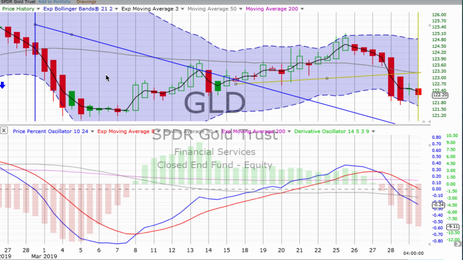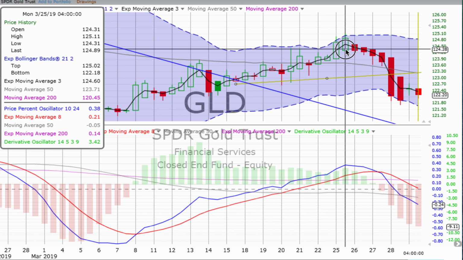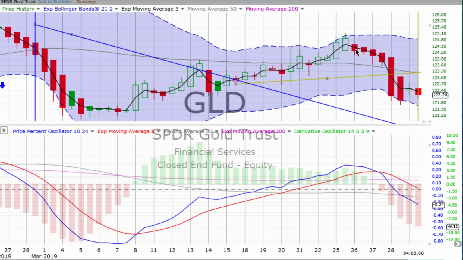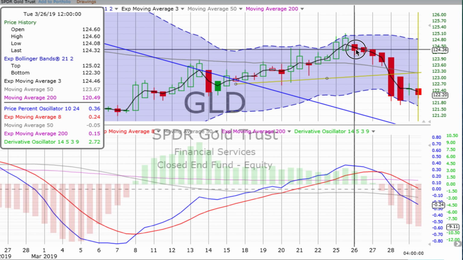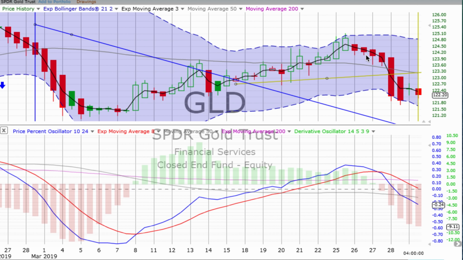We look at that 4-hour chart, and of course, what we see happening is the chart topped back on Monday the 25th, the latest topping, and then started moving down Tuesday morning. Wednesday, Thursday was the big drop, and then Friday. So again, where are things going to move down to?